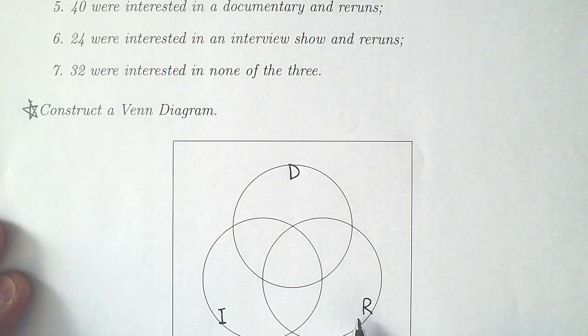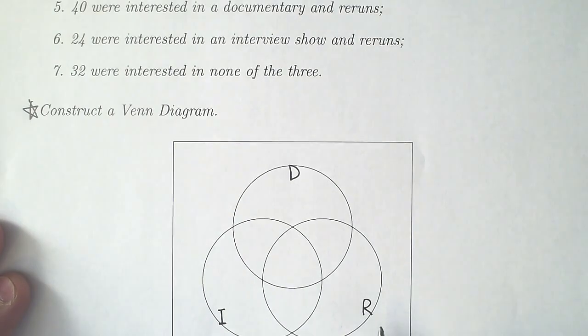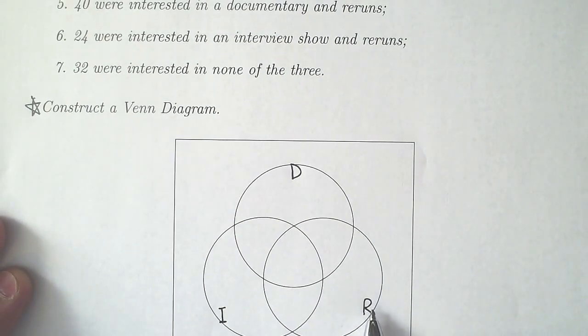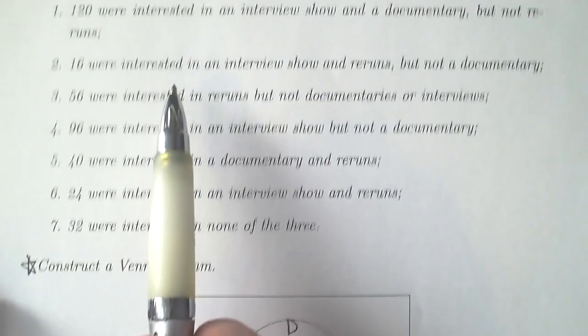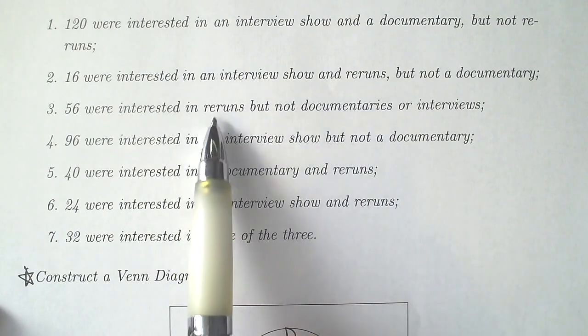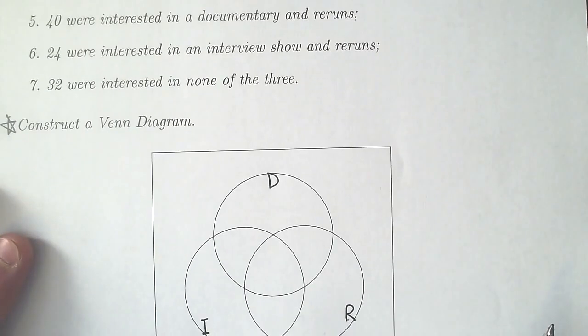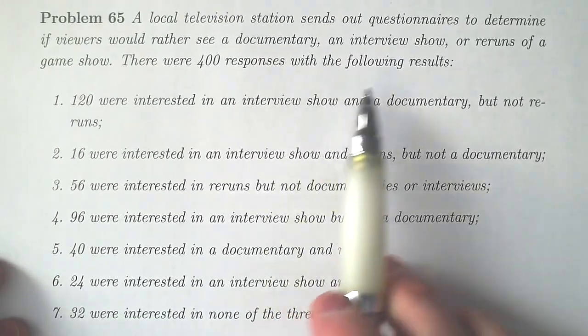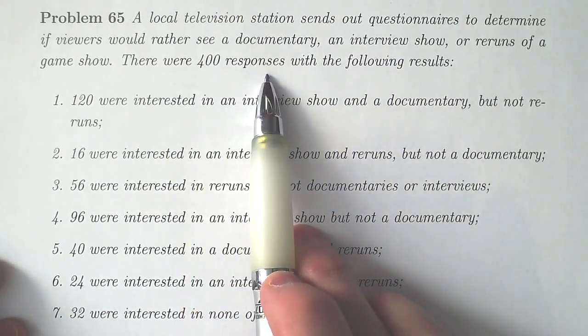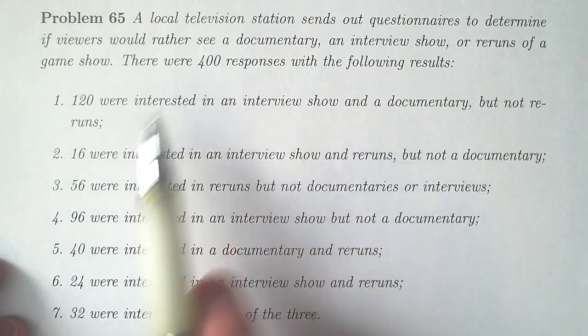Or you could say G for game show, because it said reruns of a game show. Either way is fine. I actually chose R because I looked ahead at the rest of this, and I saw that it's just referred to here as reruns. So let's use R. All right, so D, I, R, those are my categories. There were 400 responses. Okay, we'll probably use that somewhere.